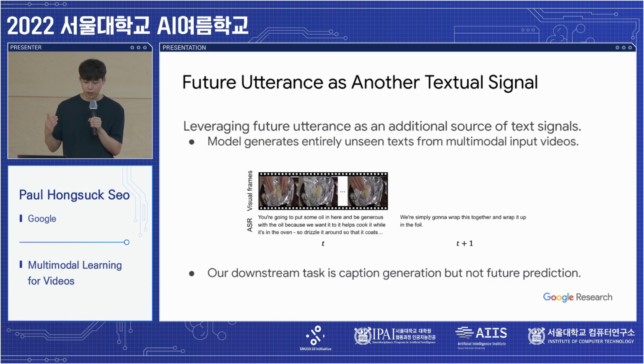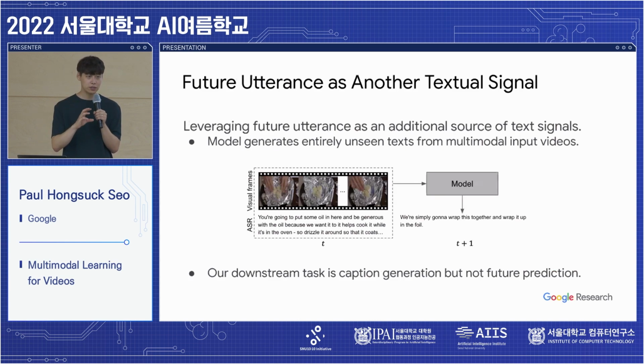In our proposed method, we leverage future utterances as an additional source of text signals. So the model is asked to generate the next utterance given the current visual frame and the current text.